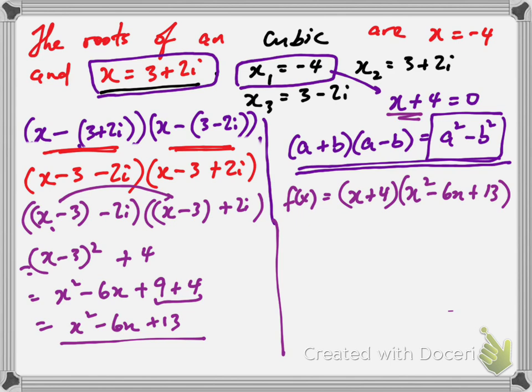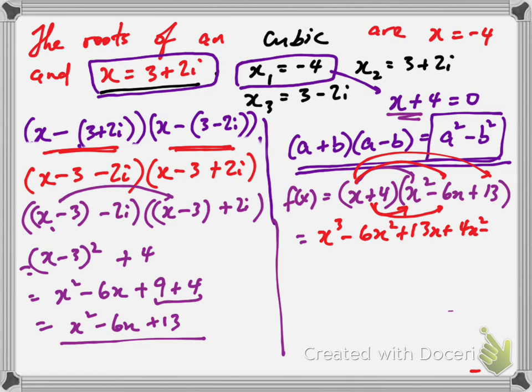Then if you multiply x times x squared, that's x cubed, minus 6x squared plus 13x plus 4x squared minus 24x plus 52. I think 13 times 4 is 52.